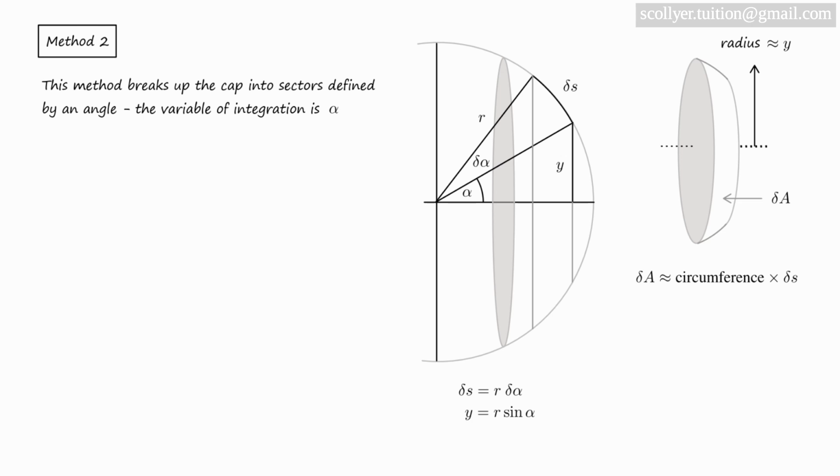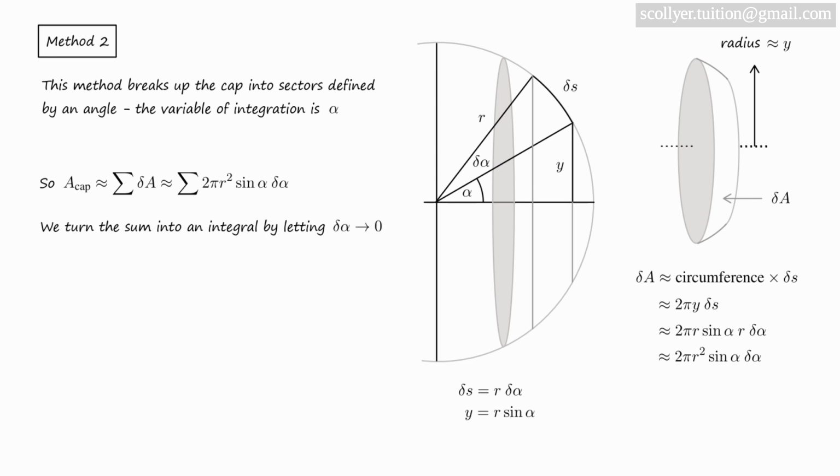Now we have that delta A is approximately equal to the circumference of the strip times delta s, which is approximately equal to 2 pi y delta s, which equals 2 pi r sine alpha r delta alpha, or 2 pi r squared sine alpha delta alpha. And so A cap is roughly equal to the sum of the delta A's, which equals the sum of 2 pi r squared sine alpha delta alpha.